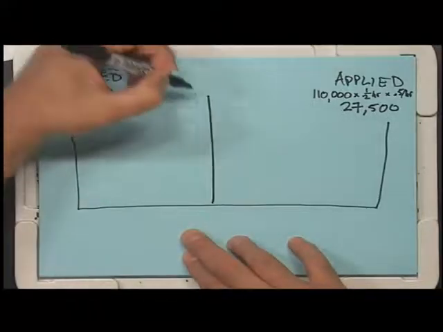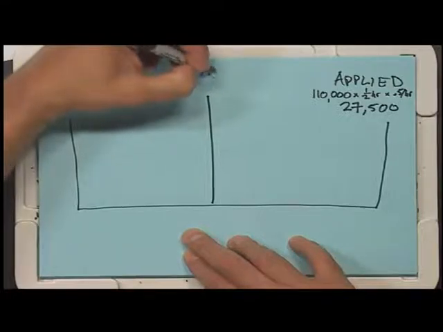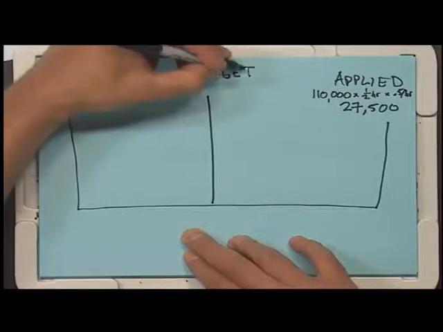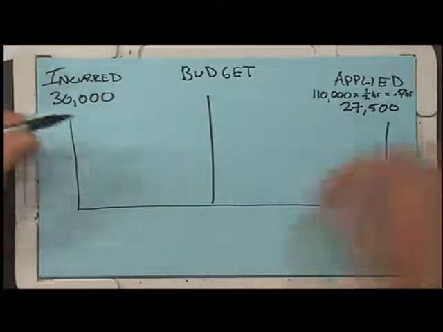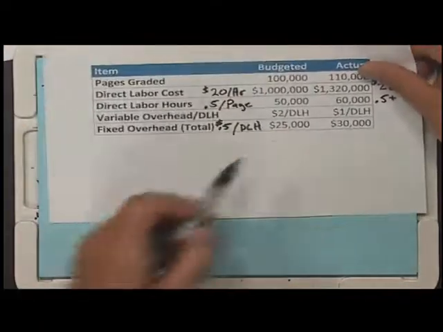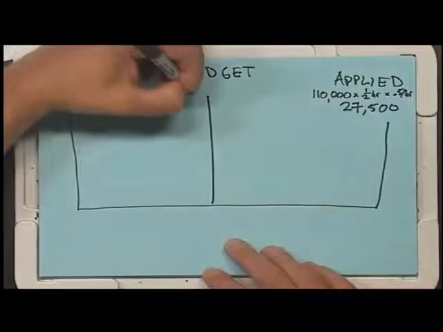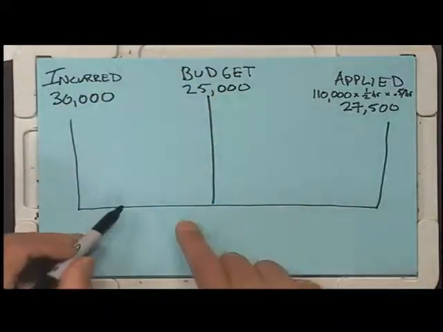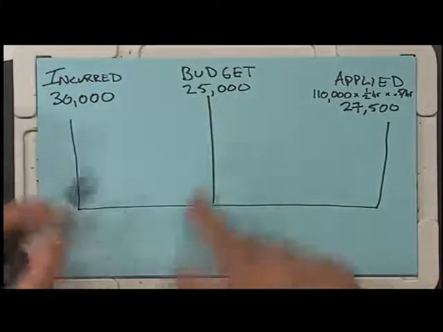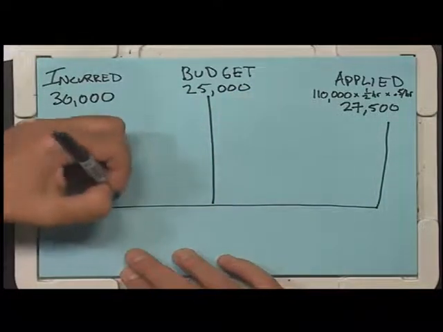But we are now going to consider our split point, where we split this according to the budget. Now, what did we budget? Looking back here, we budgeted $25,000. And so now we have two causes for our variance. $5,000 of a cost overrun.